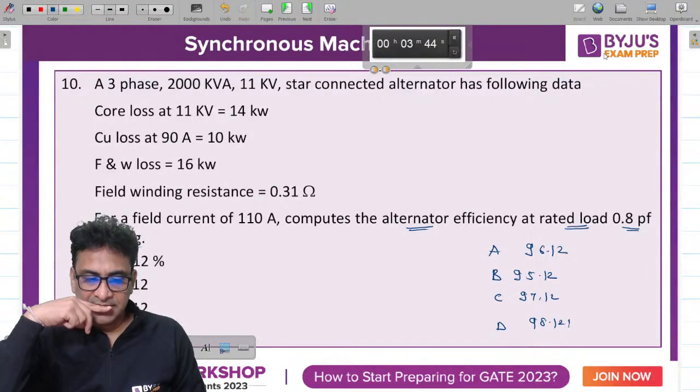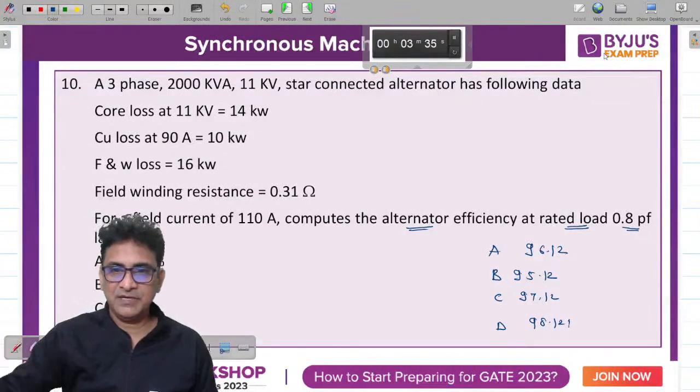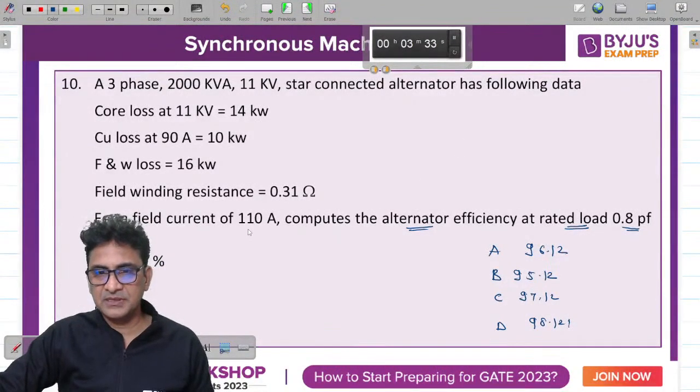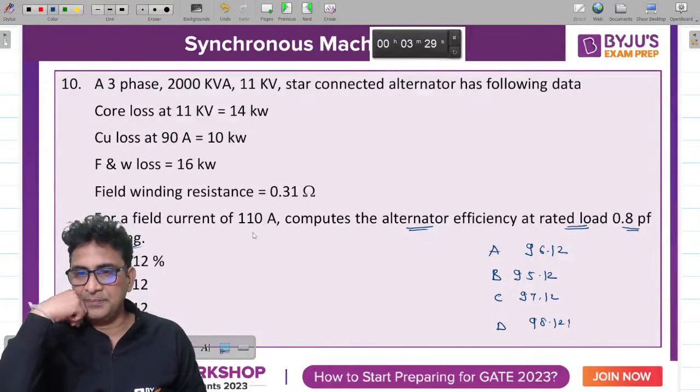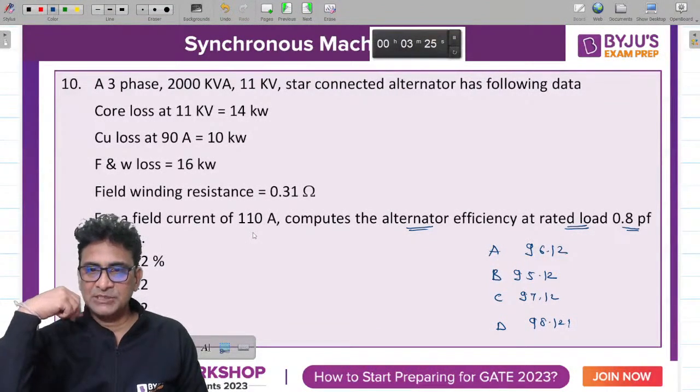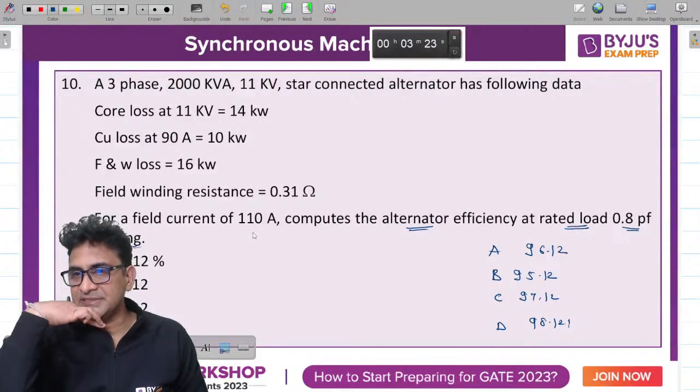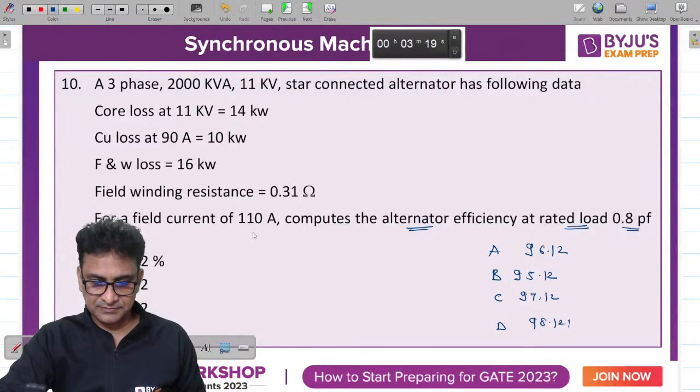Copper loss is given at the current of 90 ampere. Field winding resistance is 0.31. The field current flowing is 110 ampere. You have to find the alternator efficiency at rated load and 0.8 power factor lagging load.